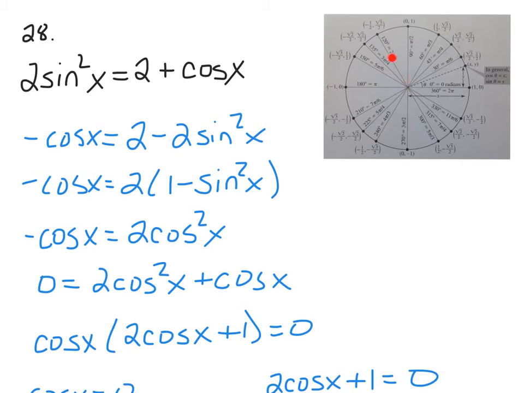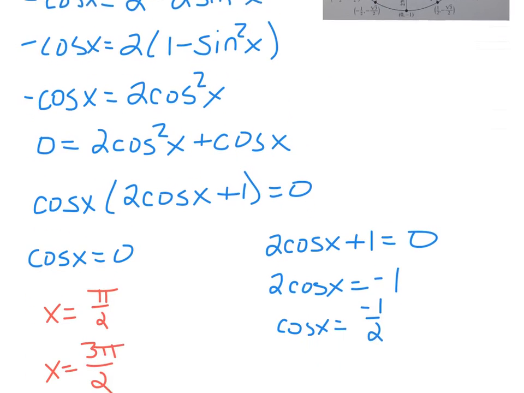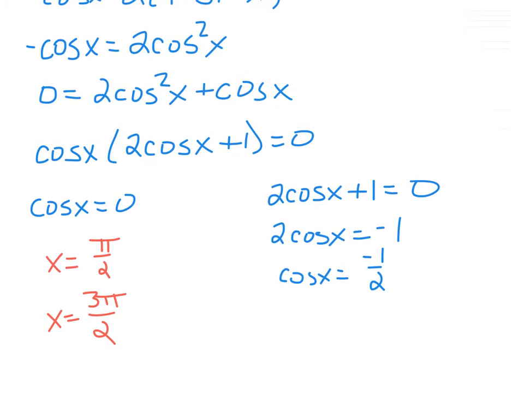So those are our other two answers, 2 pi over 3 and 4 pi over 3. And again, we don't need to add that extra little thing, because we're only going around from 0 to 2 pi there.